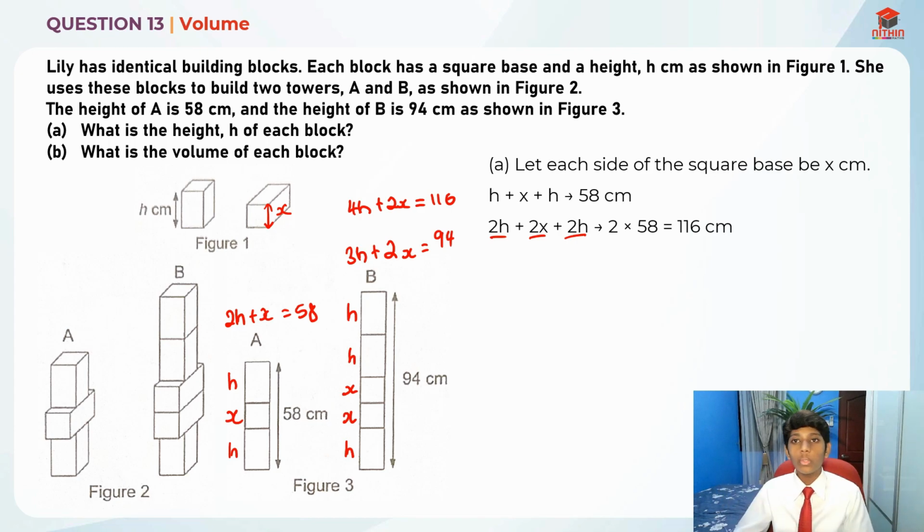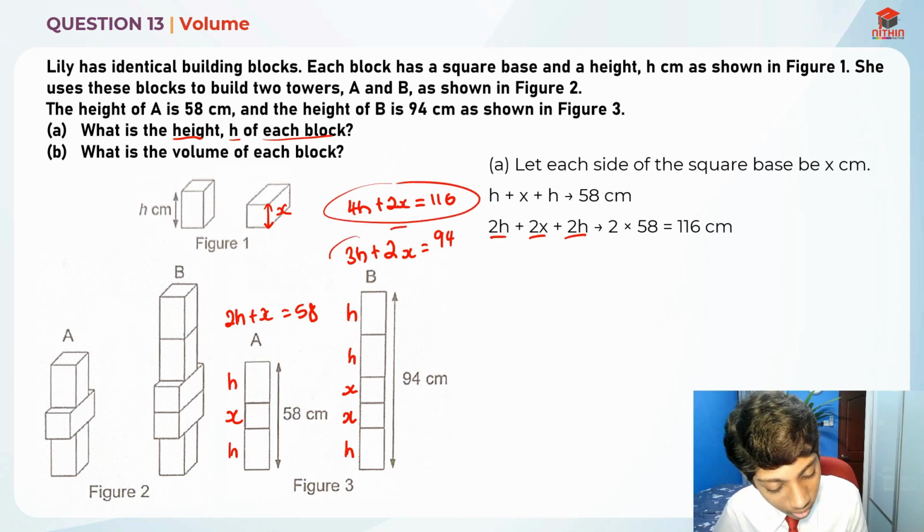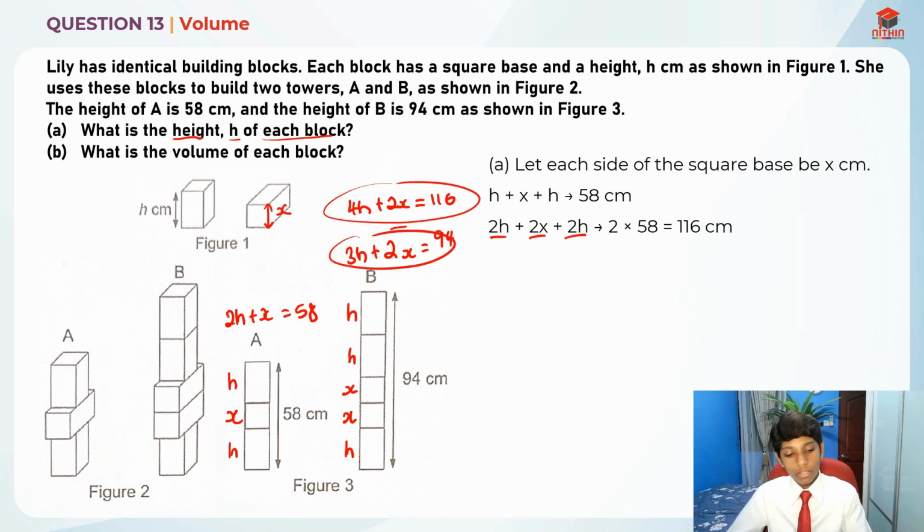So for part A, the question asks us, what is the height h of each block? What we are going to do is take this solution minus this over here, which gives us 4h minus 3h, because the 2x cancels out. So 4h minus 3h is h. 116 minus 94 gives us h, which is 22 cm.